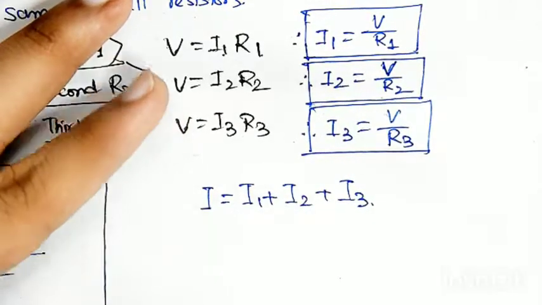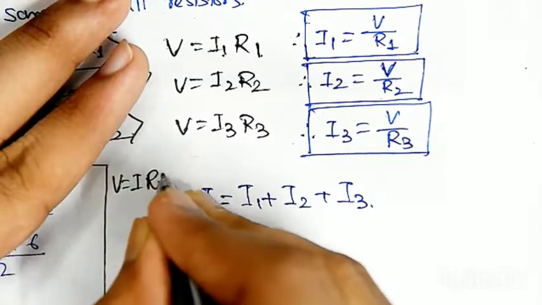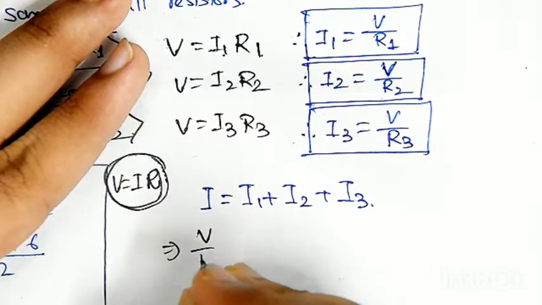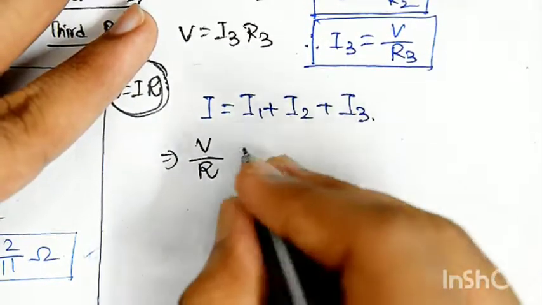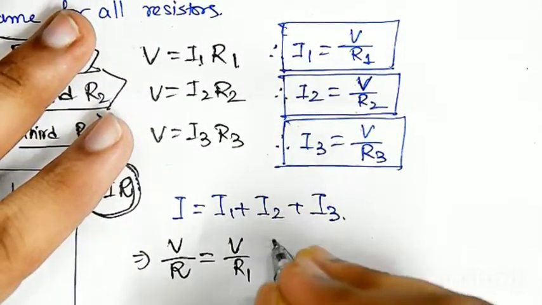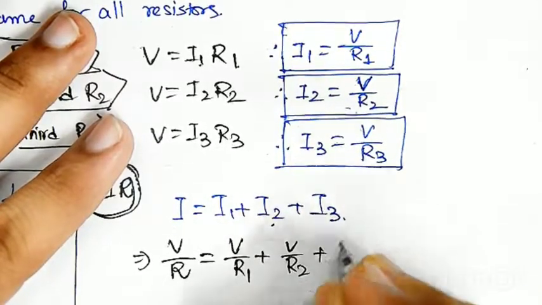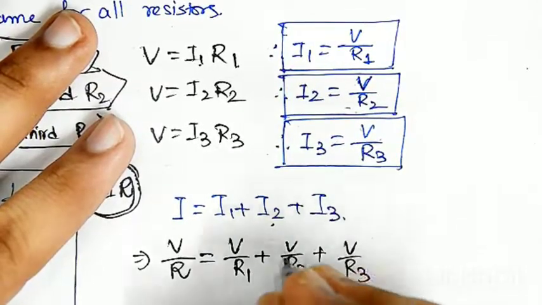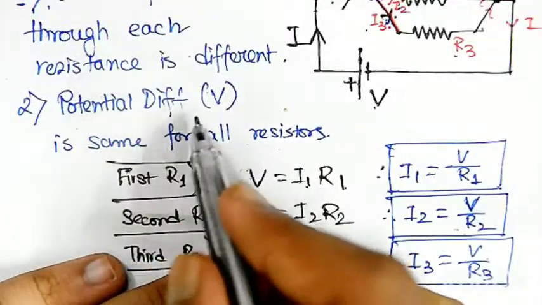For the value of I, we know from Ohm's law that V equals IR. So I equals V by R, where R is the total resistance, and I1 is V by R1, I2 is V by R2, and I3 is V by R3. From all these three, you can see V I can take as common, because V is the same for all.